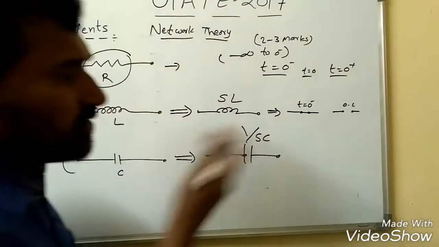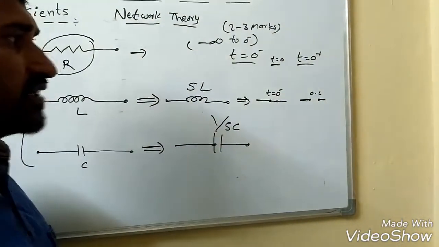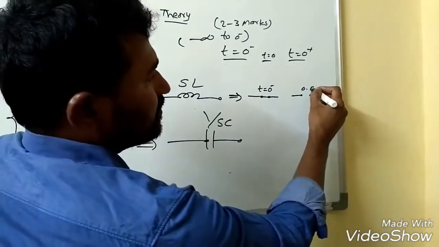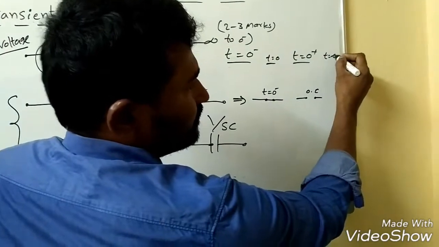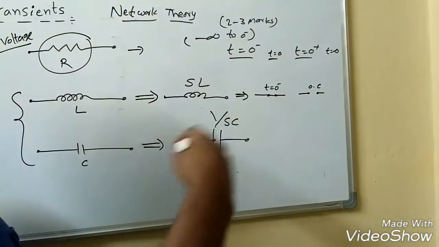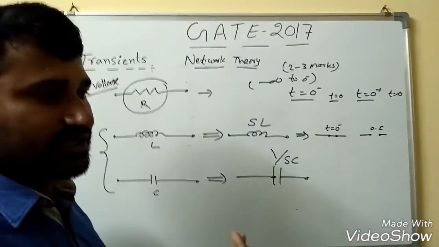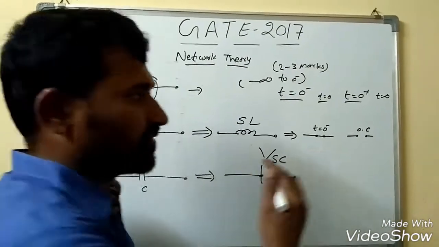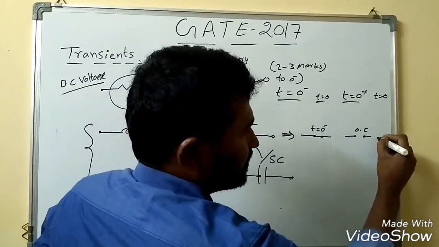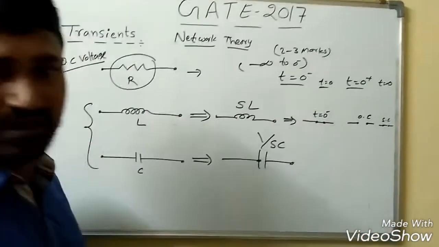Whenever there is an open circuit, no current flows, that means it is not allowing the current. That's why it will behave like an open circuit. Now the last one is t equal to infinity. We keep on applying the voltage or current from 0 to infinity, so it reaches steady state and stores the maximum current. That means again at t equal to infinity, the inductor will behave like a short circuit.